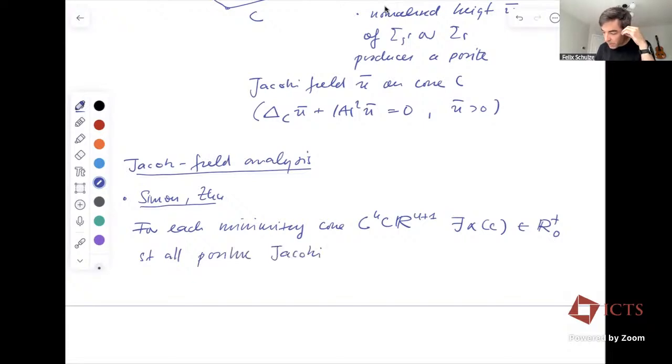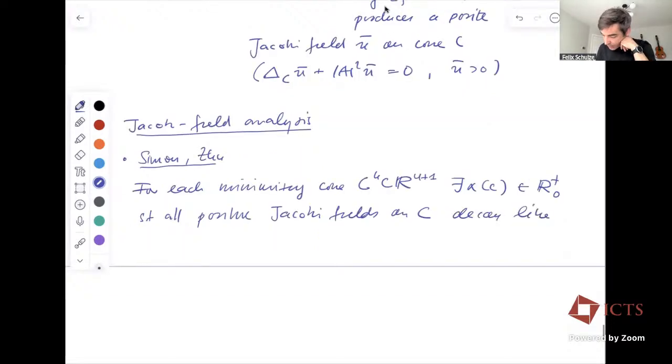now you see in minimizing cones, this only gets interesting from n plus 1 equal to 8 on, otherwise it's flat. Positive Jacobi fields on C decay like, so we get a decay rate, that U is less or equal to some R to the minus alpha of C, depending on this cone.